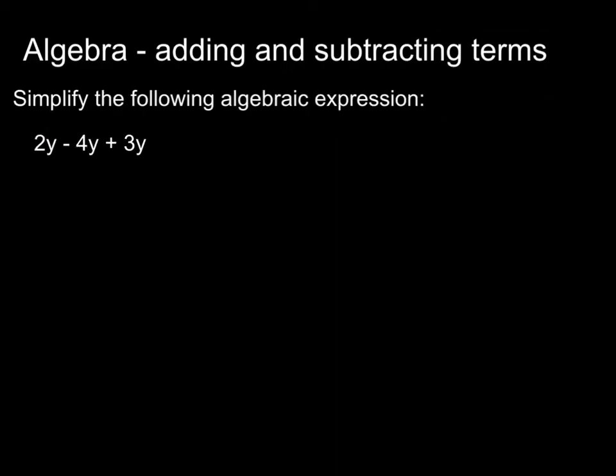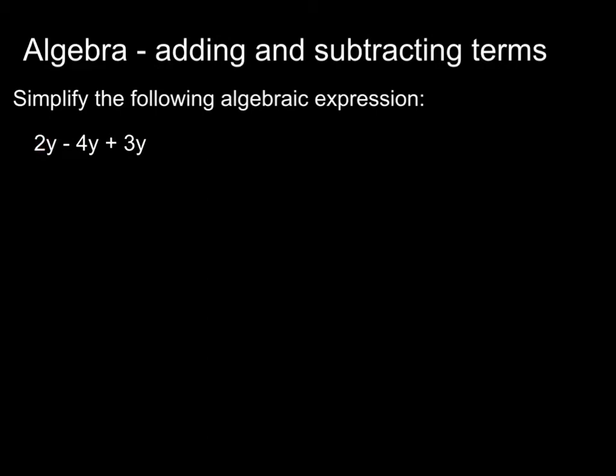So if we want to simplify the following algebraic expression, 2y minus 4y plus 3y, first of all we check, are they all the same terms? Are they like terms? So this is a y, this is a y, and this is a y. So we could just even forget about the y's and just do 2 minus 4 plus 3.